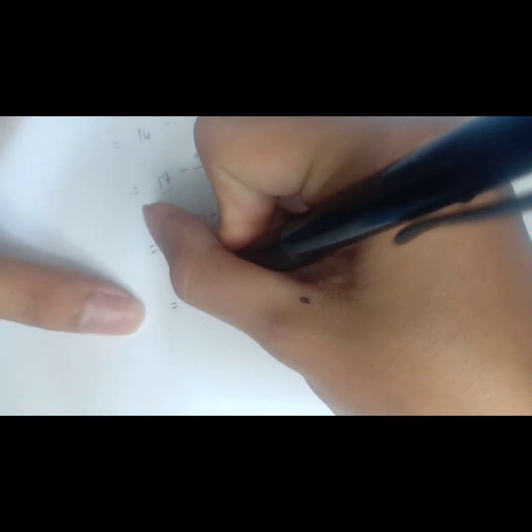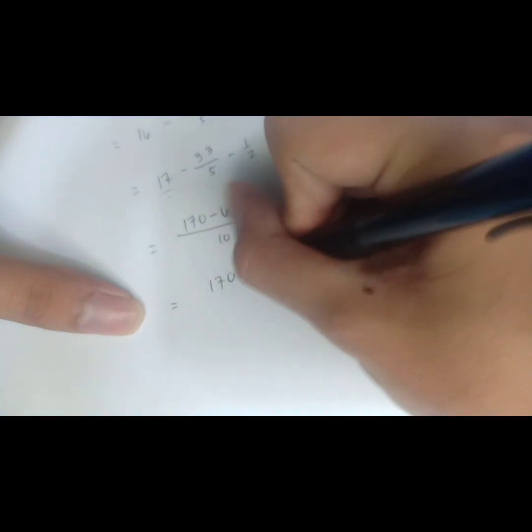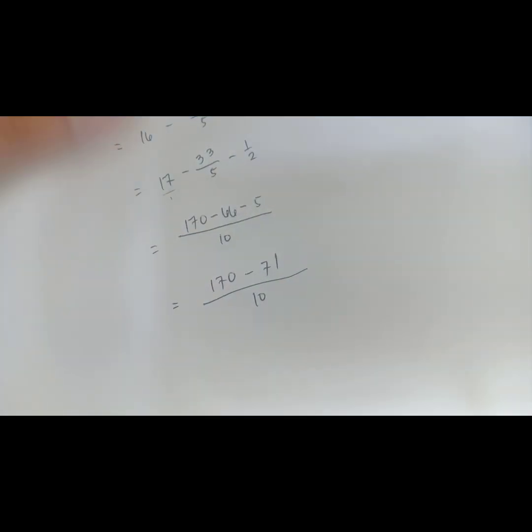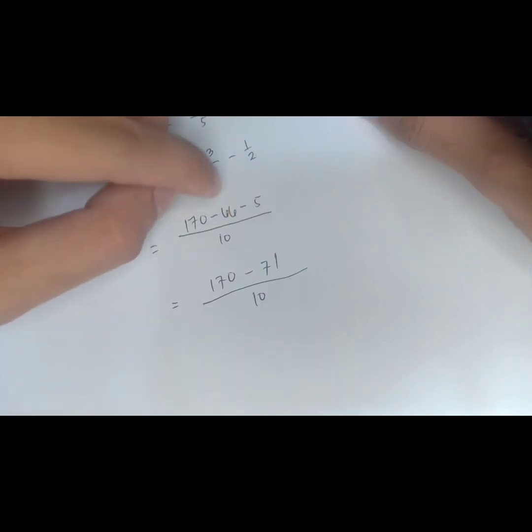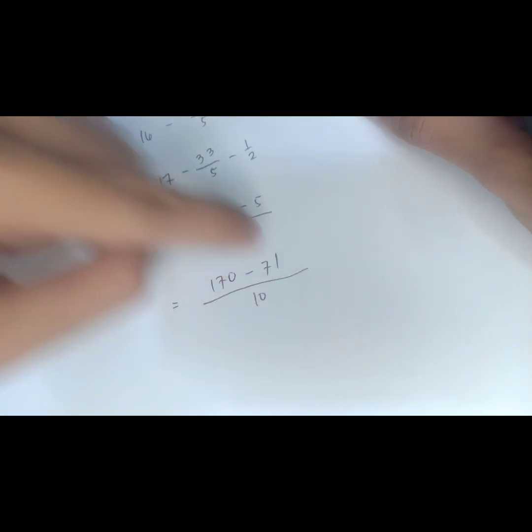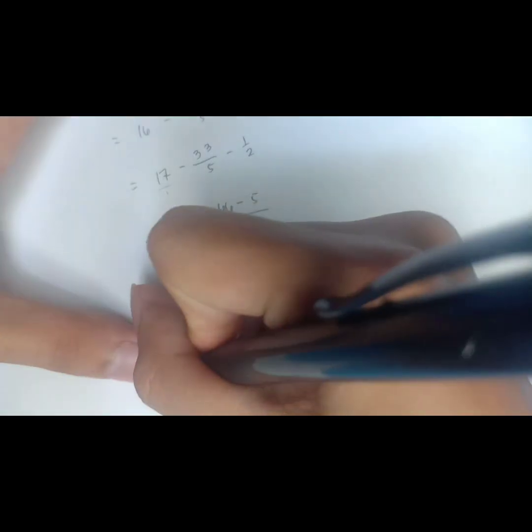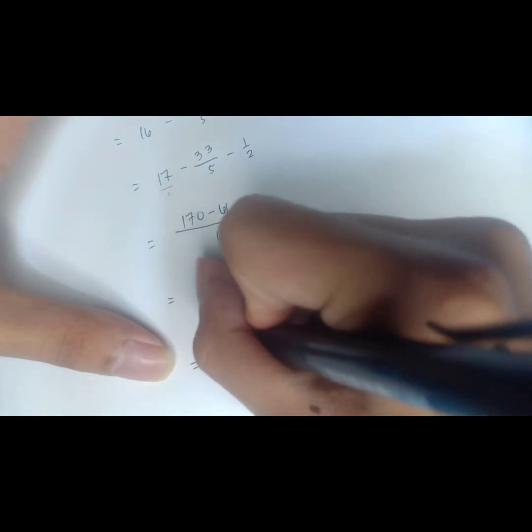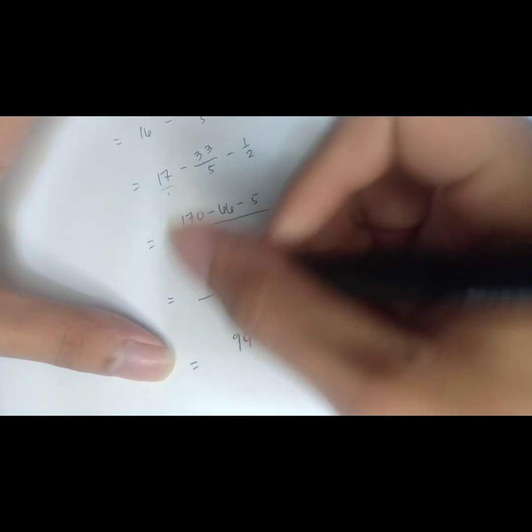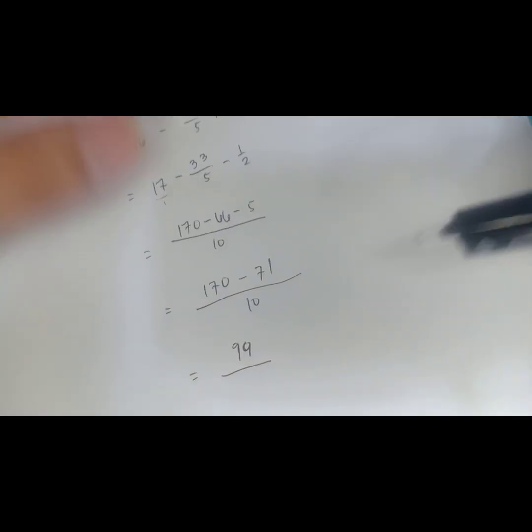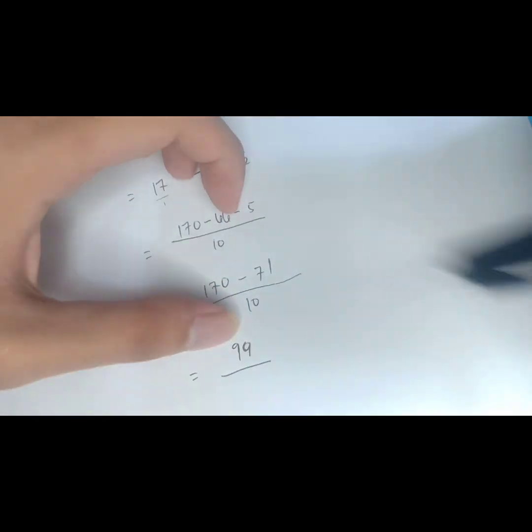So to again simplify, 66 plus 5 is 71, so 170 minus 71 is equal to 99.